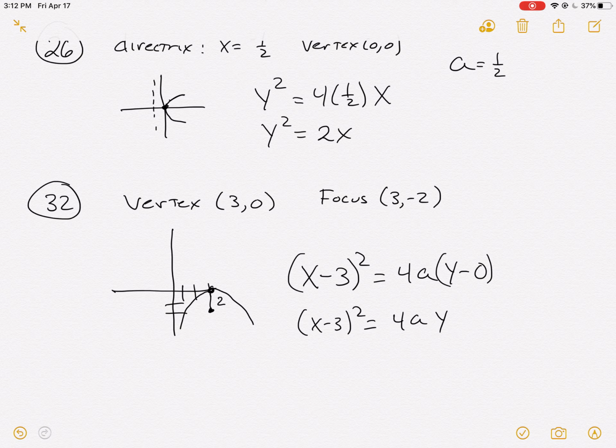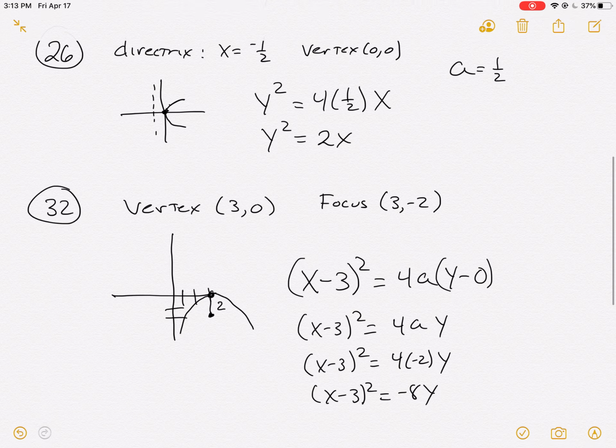Now, we're going in the downward direction. Remember, this parabola is opening down. So that's how we incorporate the negative sign. So this is x minus 3 squared is equal to 4 times -2 y, or x minus 3 squared is equal to -8y. And that is the form that they have in the back of the book.